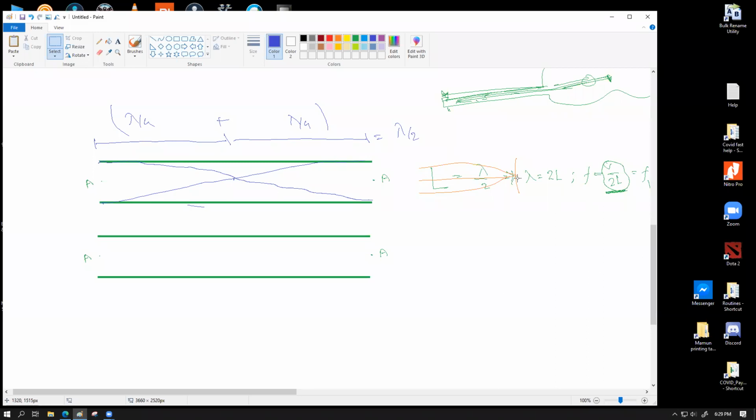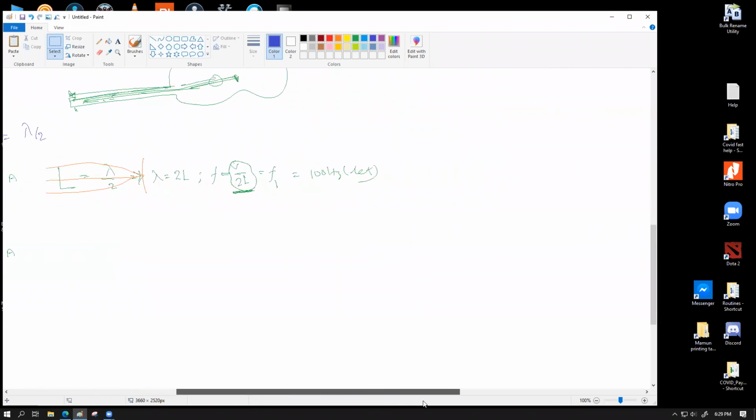Or if I try to show you the two individual progressive waves that can lead to this function, it can look like this. For example, this is just an additional drawing. Let's say this is the windpipe, and one progressive wave has an antinode over here.